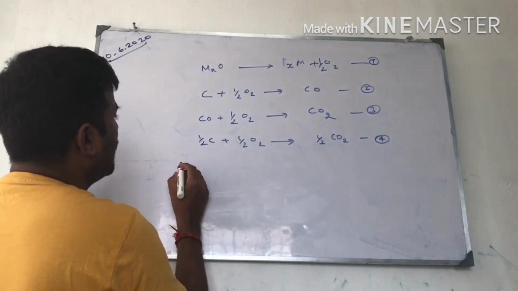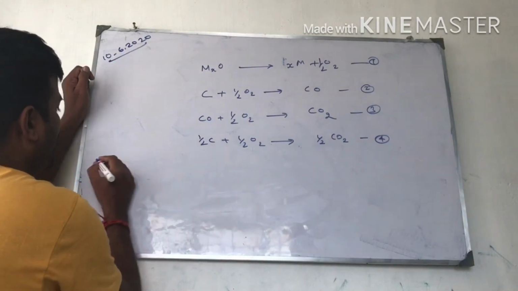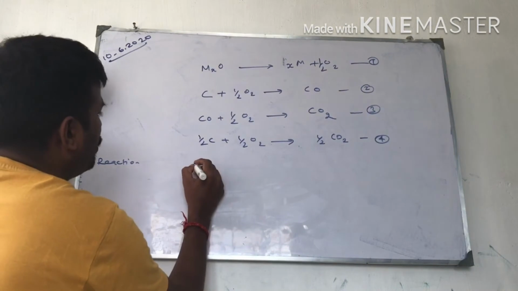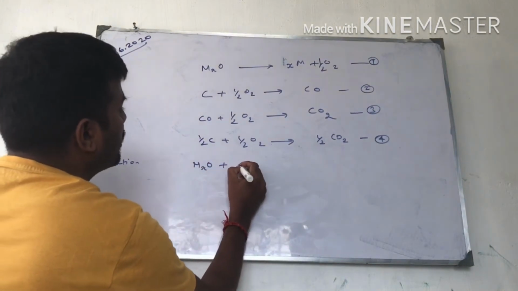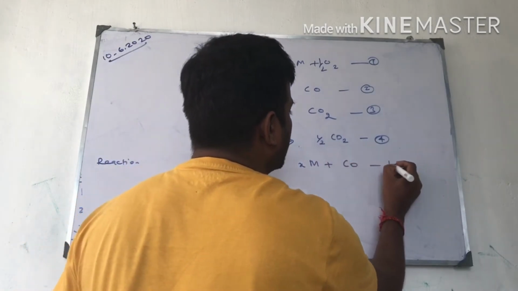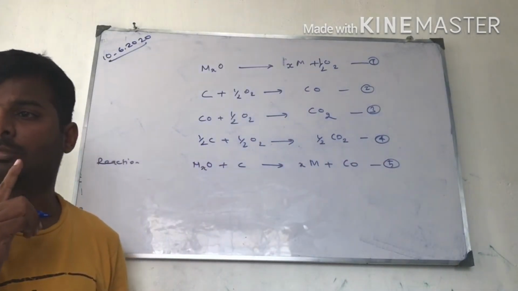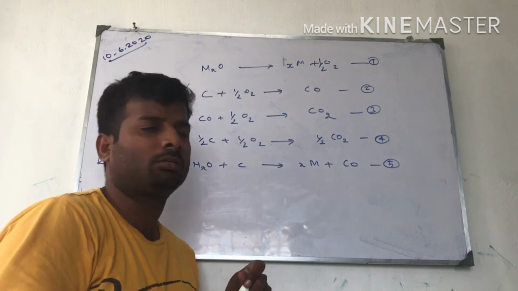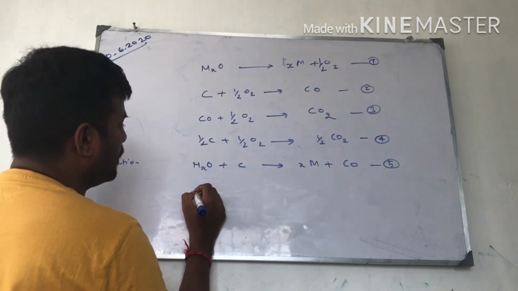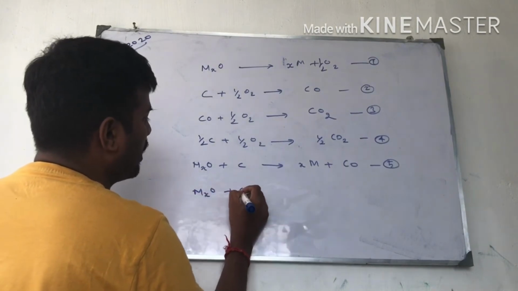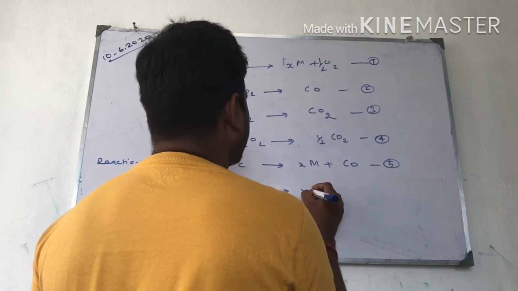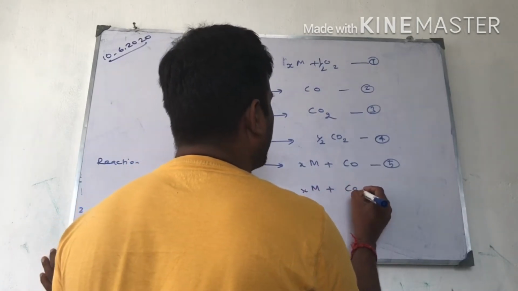Next, reaction 5. I am going to write MxO plus carbon gives x moles of M plus carbon monoxide. Equation 5. Then MxO reacts with carbon monoxide to give x moles of metal and carbon dioxide.